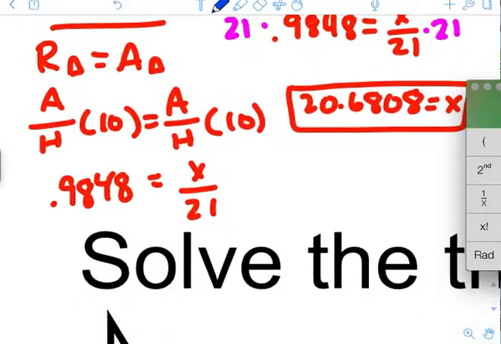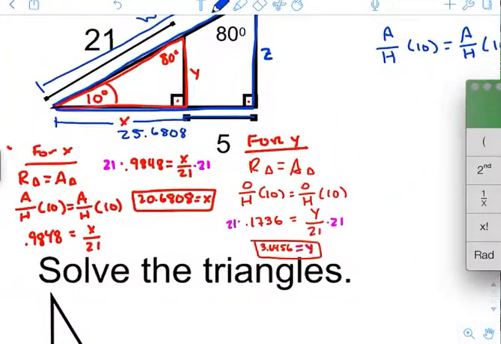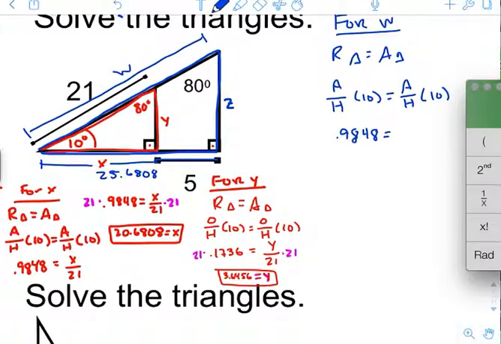I found adjacent over hypotenuse for 10 degrees earlier, so I'll just transfer that, 0.9848. And my actual adjacent over hypotenuse would be 25.6808 over 21, which is my hypotenuse value.